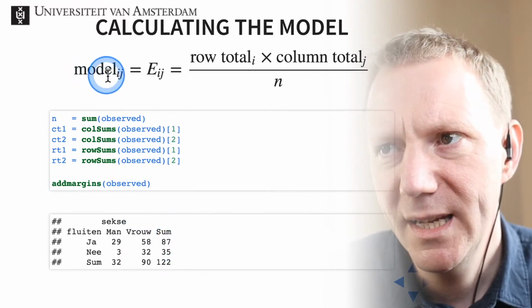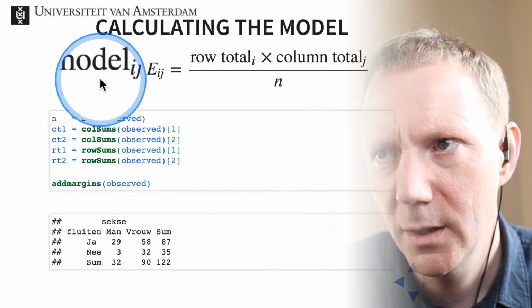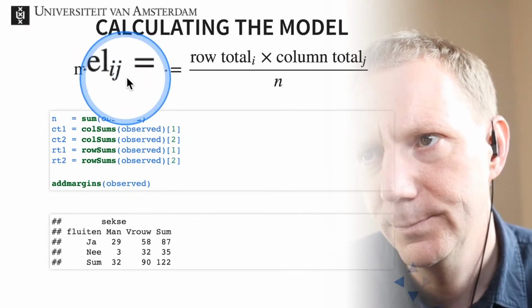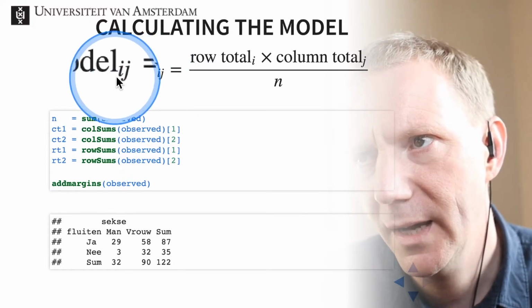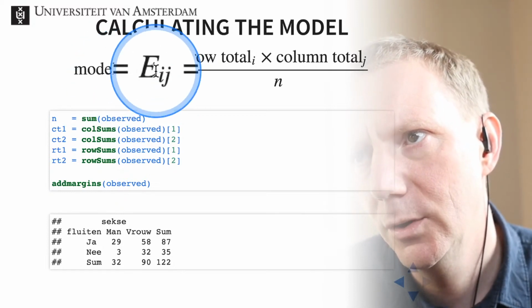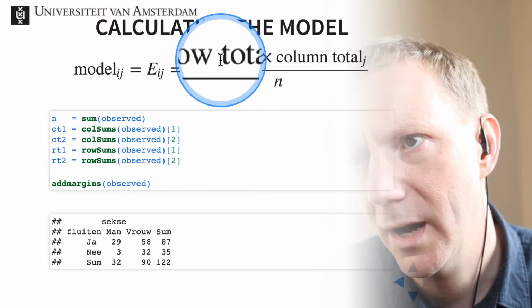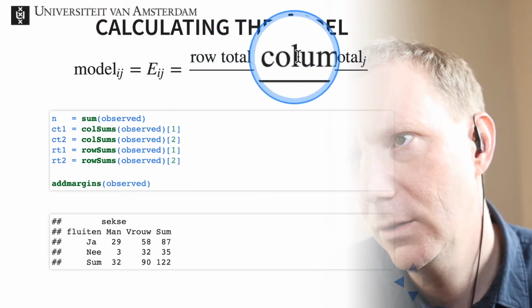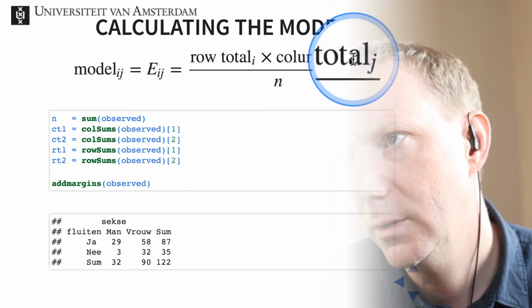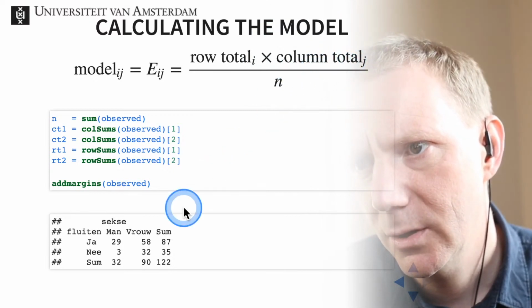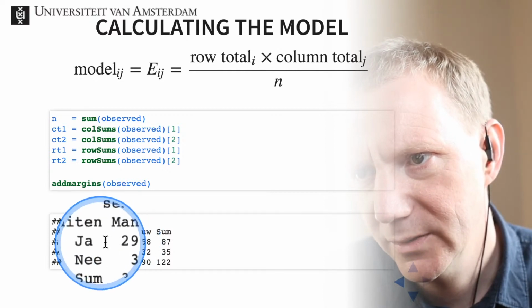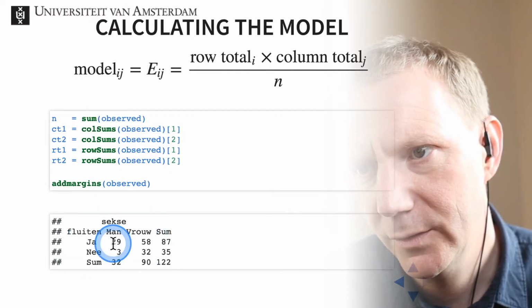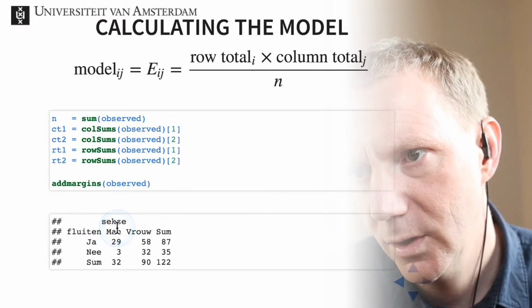So to get for each ij the expected model value, we have to look at the row total for i and the column total for j. So if I want to know what the expected value is for males that are able to whistle, I have to look at the row total.